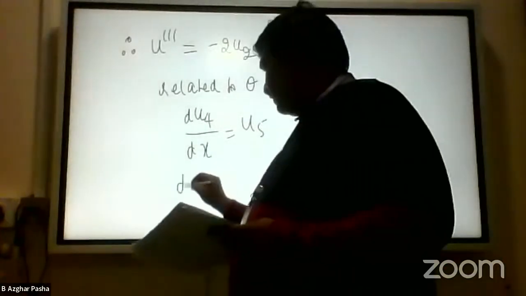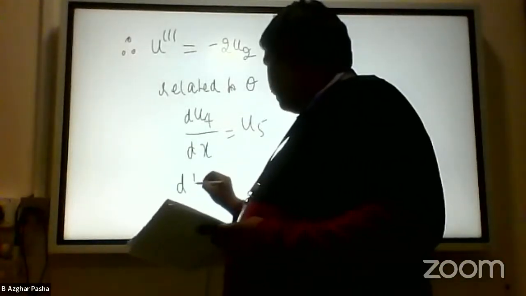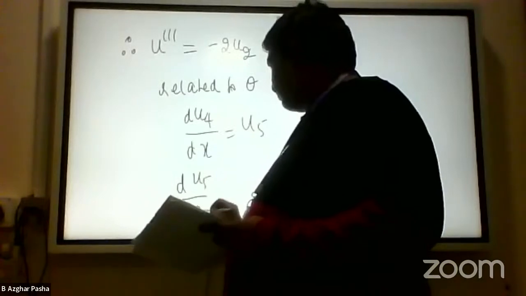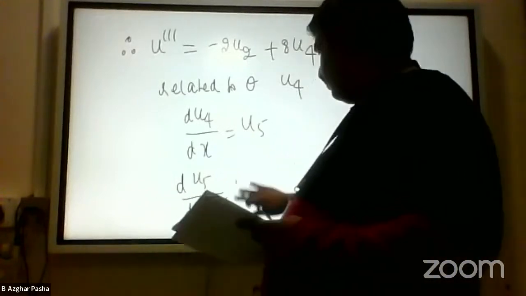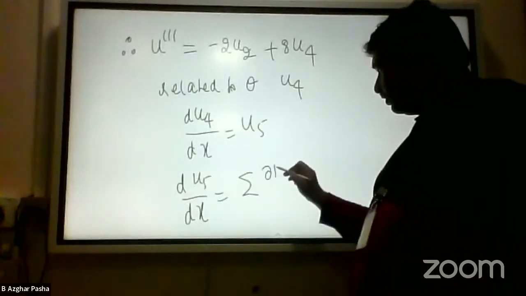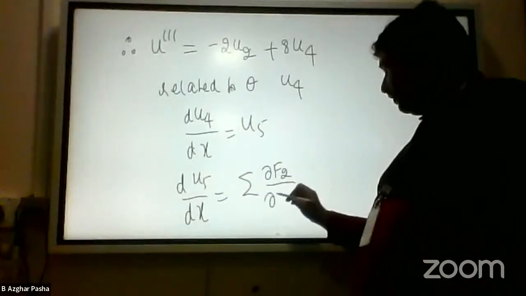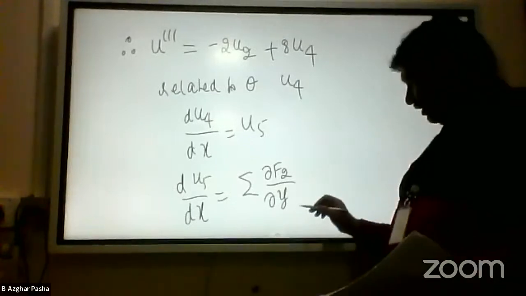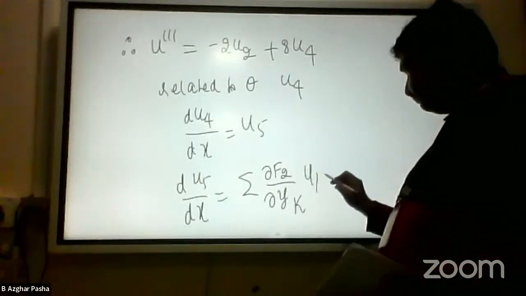The next derivative is f2. du5 by dx is equal to the counterpart of f2. In this case, it is the summation of dou f2 by dou yk into uk.